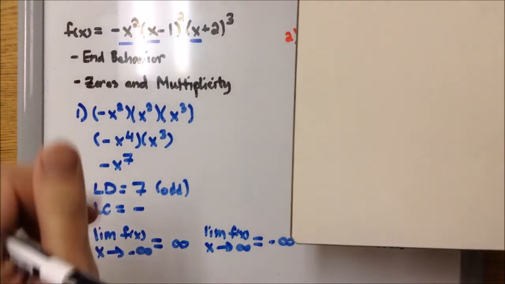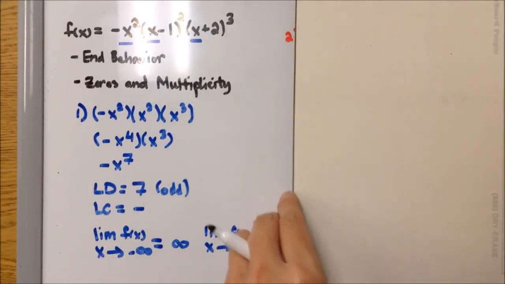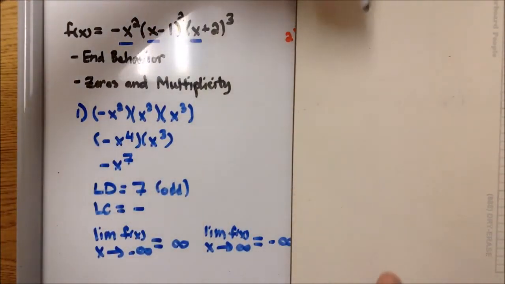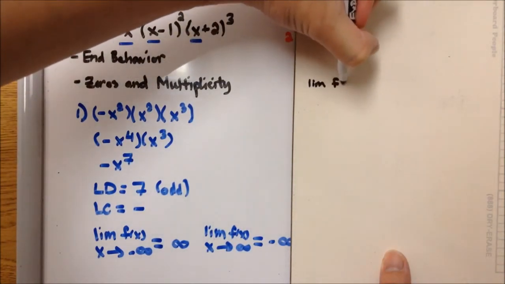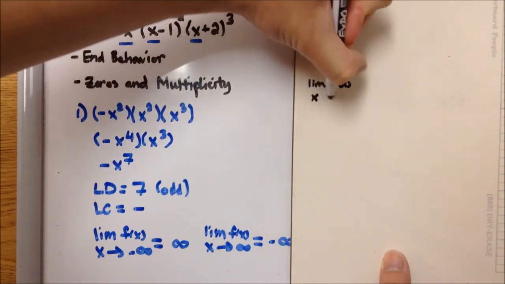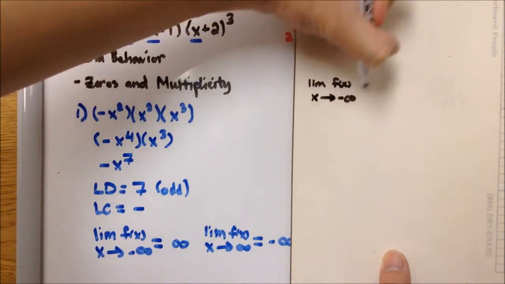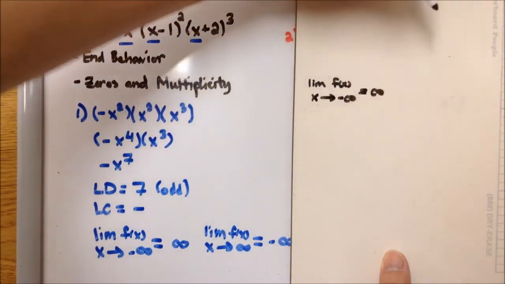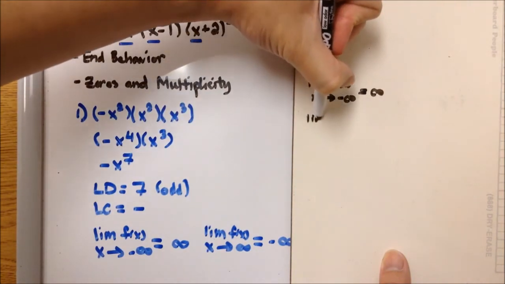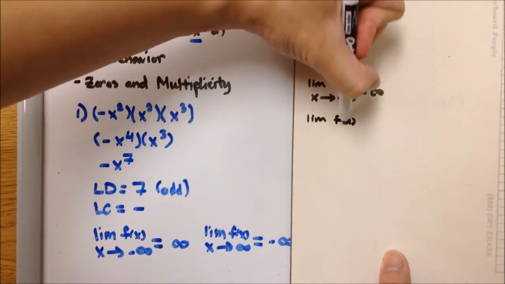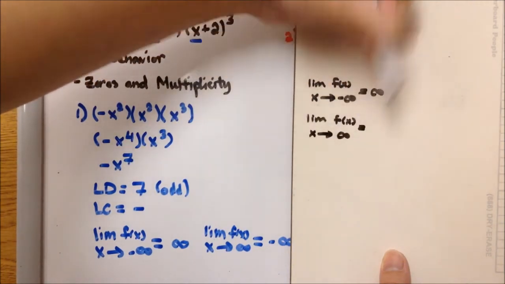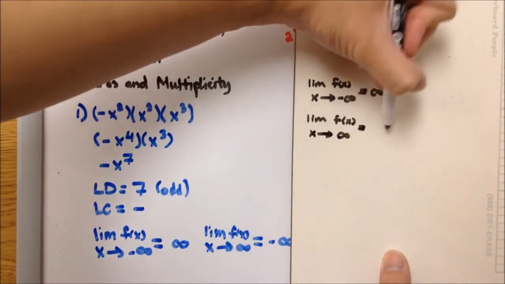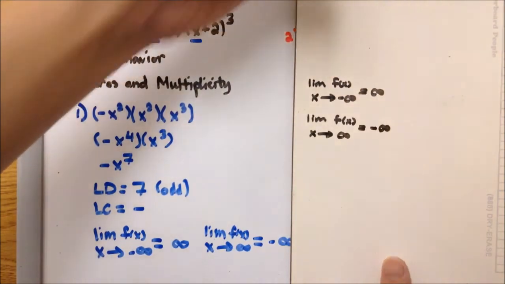Alright, now we're going to transfer this information and then we can start graphing. So, I'm going to write limit of f of x to the left side, which is infinity, and then limit of f of x, the right side, also that will equal negative infinity.